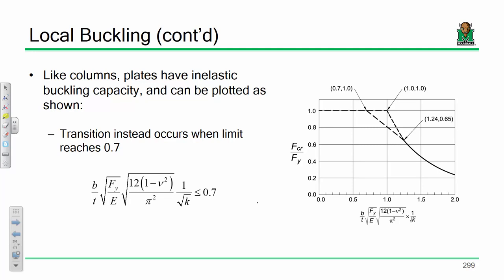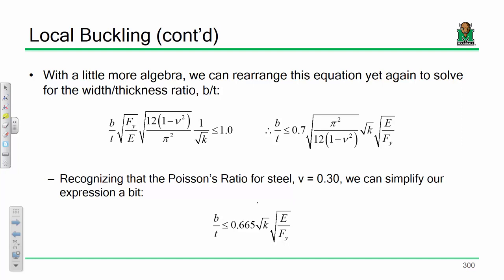Let's rearrange this expression to solve for this. Okay? So we get this expression up here, and everything under this square root is something we can just plug and chug, because that's pi, that's 12, that's 1, and that's 0.3. So plug and chug, and you get this expression.